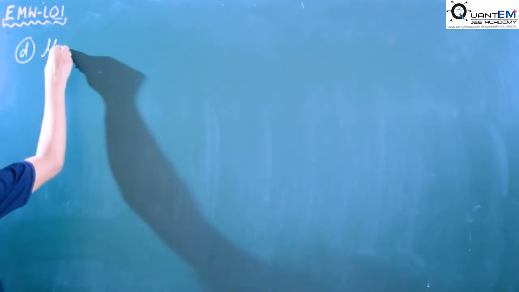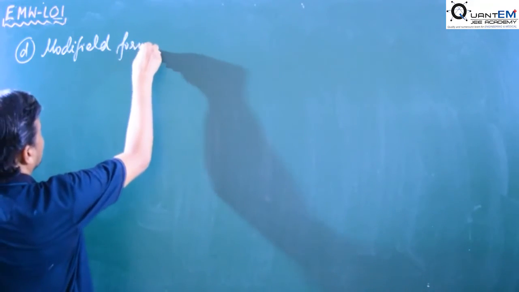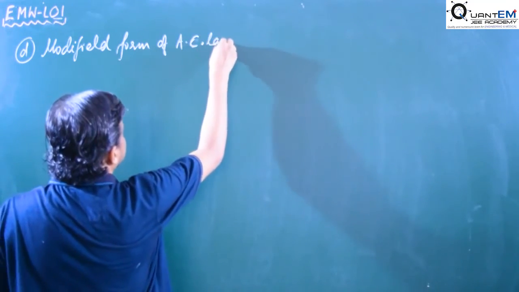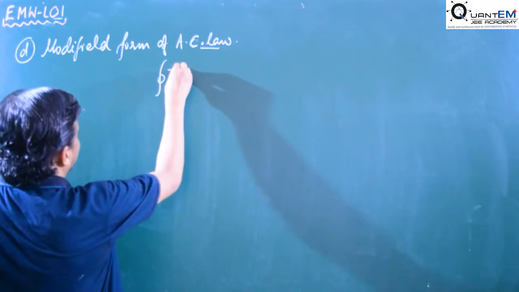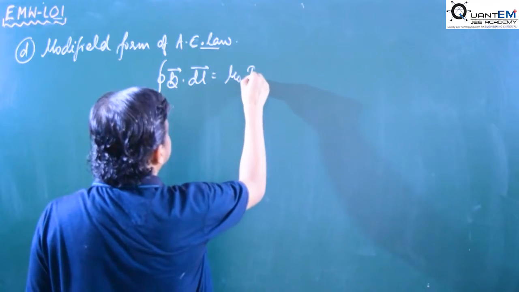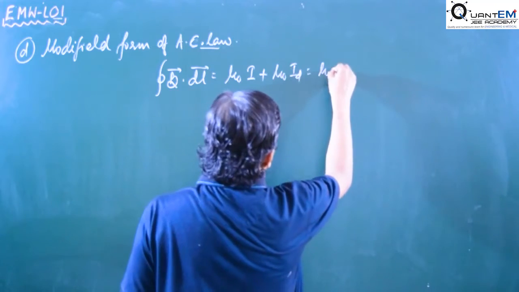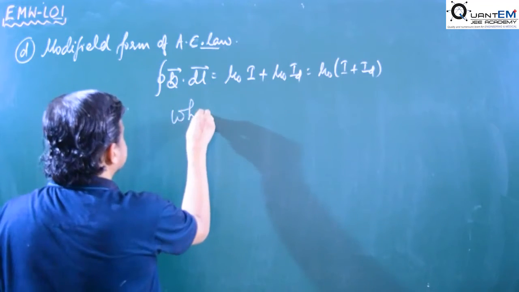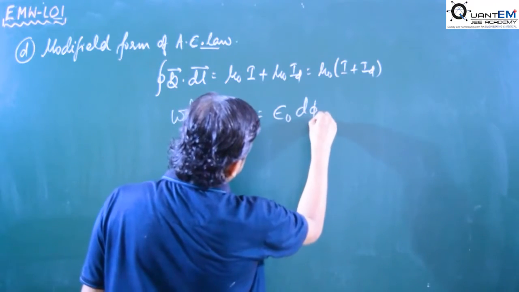It is the modified form of Ampere's circuital law. That is, the line integral of the magnetic field over the closed path is equal to mu naught I plus mu naught ID, that is mu naught into I plus ID, where ID is equal to epsilon naught d phi E by dt.